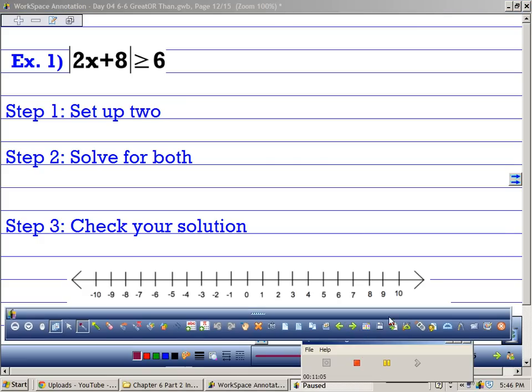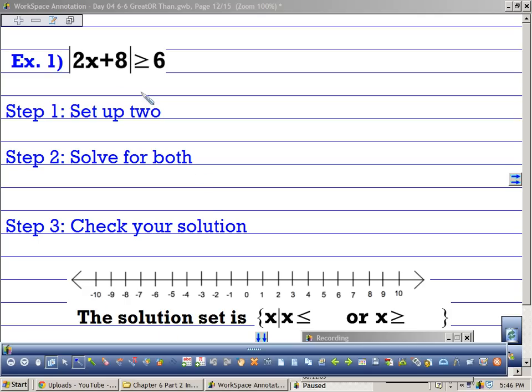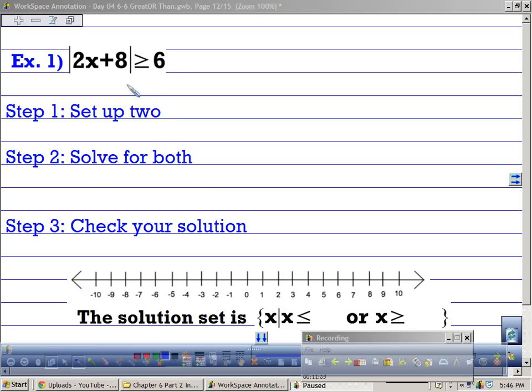So let's continue. Let's do this one in a more traditional way. So my first step is to set up two what? Two equations.